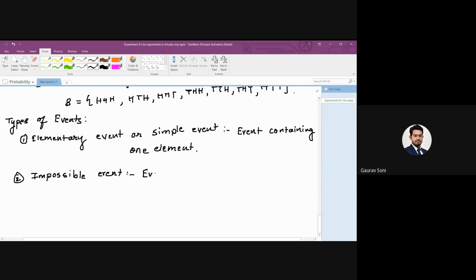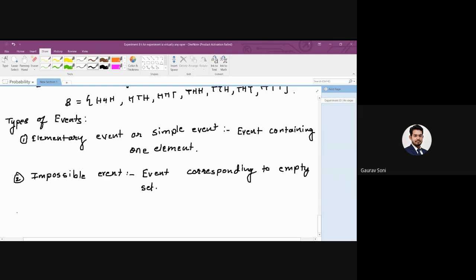The probability of occurring is 0 if the set is empty. Whenever you perform an experiment, there is going to be some outcome, and that's why this event is the impossible event.